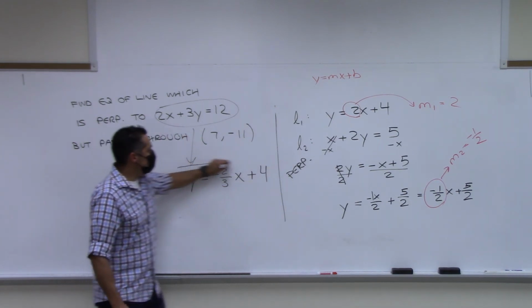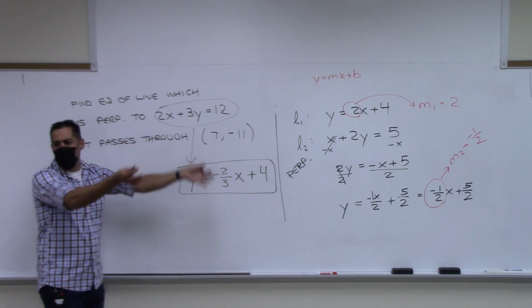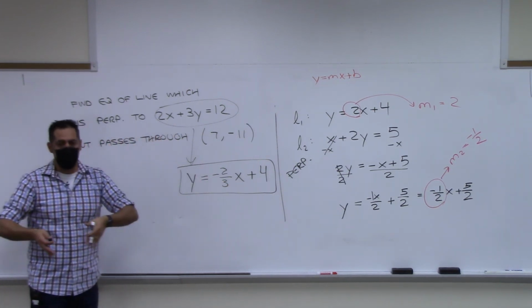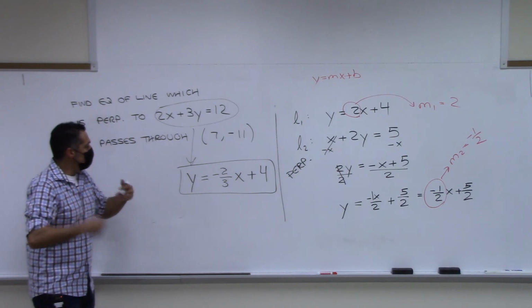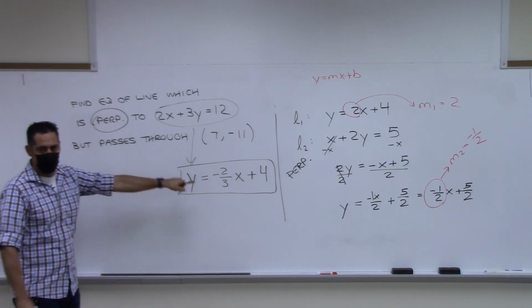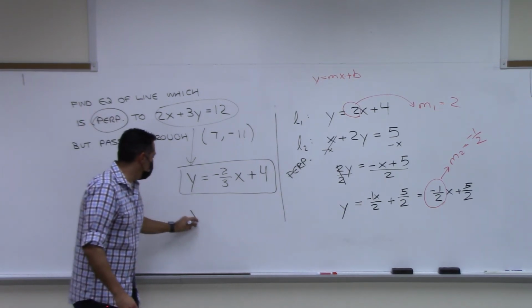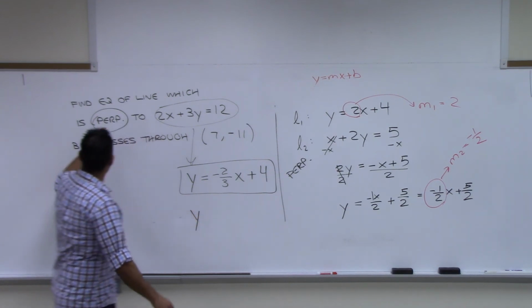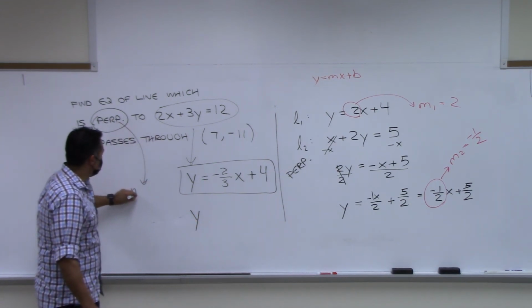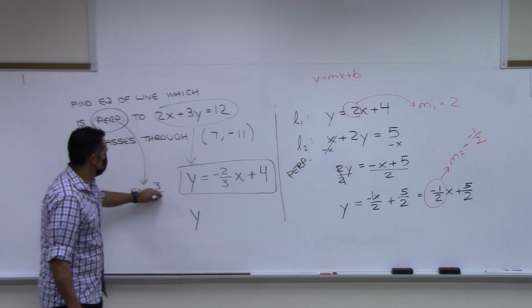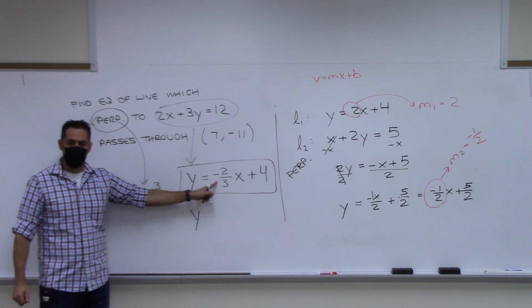Okay. This is the equation of some line, right? Not the line we're looking for. We want our line to be perpendicular to that line. So here's what I can tell you right now about the line I'm looking for. This line has to have a slope of 3 over 2 because it has to be perpendicular to this, right?